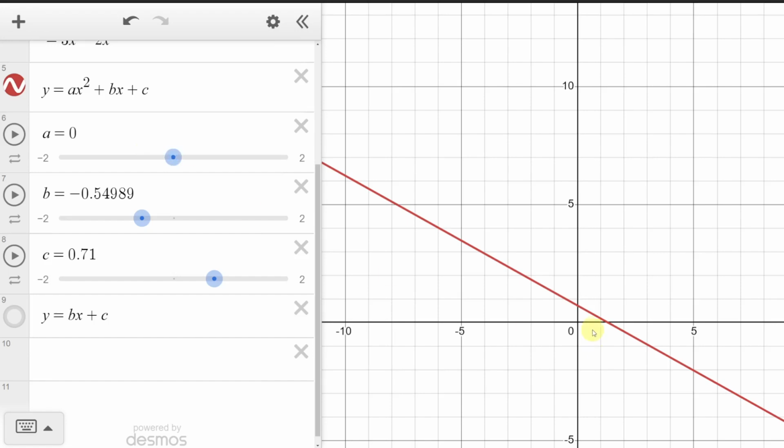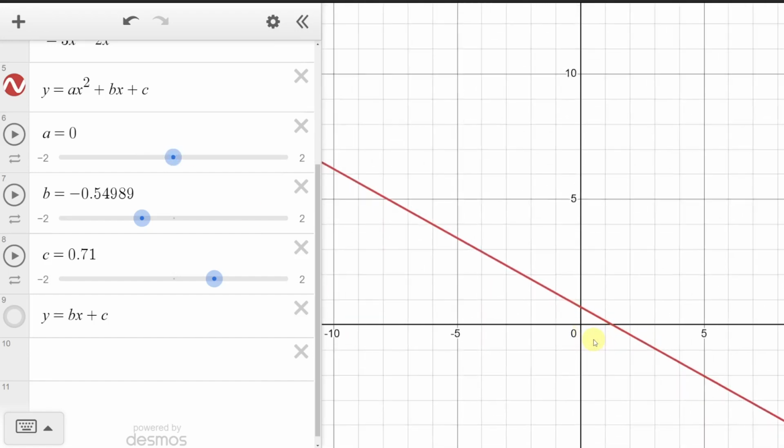So when a is 0, you have just a linear function, and that's completely normal, because if instead of a you put 0, you have only the bx plus c part, which is the definition of a linear function.